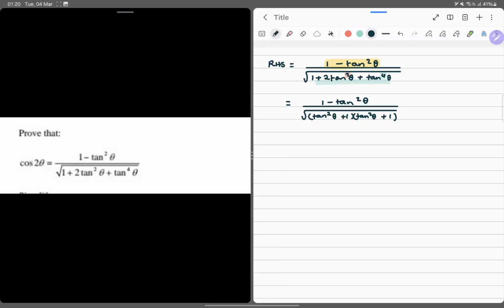So these are some of the tricks. Can you see, this bracket is exactly the same as the next bracket? This already tells us that we are winning.